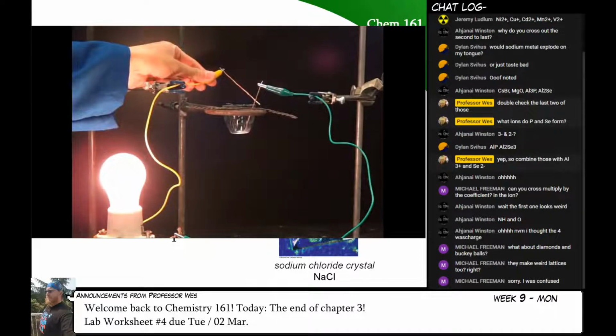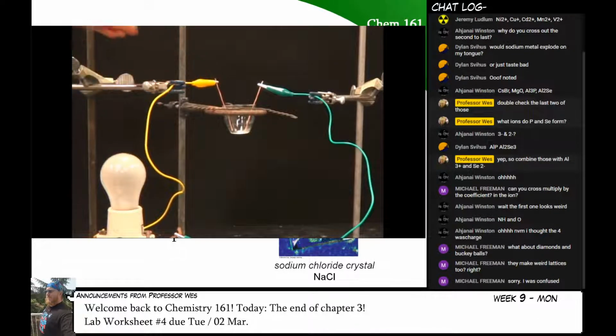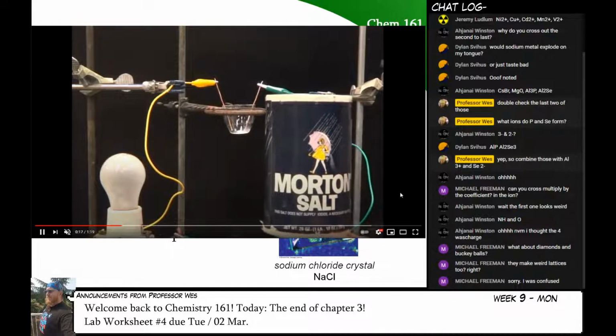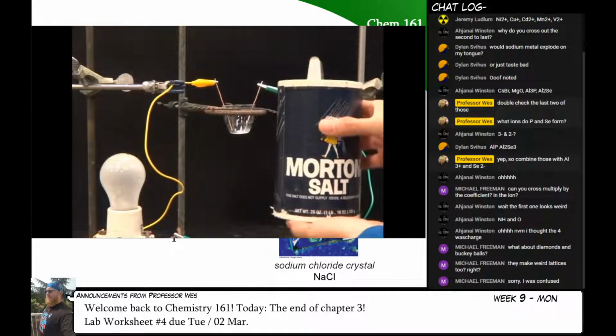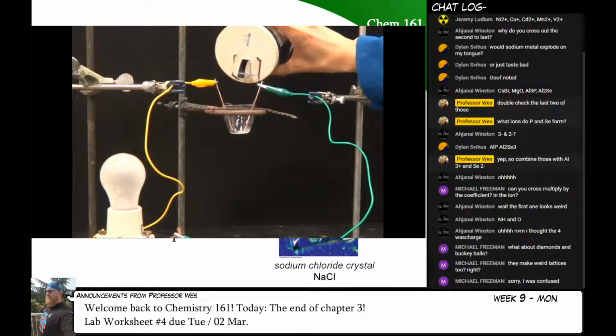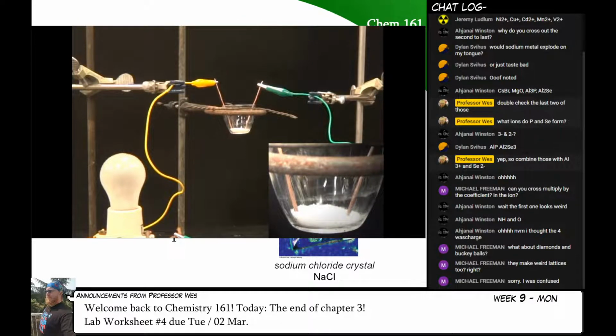So this test just shows you that when the leads are connected, the light bulb will go on. We're going to add table salt to that, and it's going to appear down here. Not the salt, but like a zoom in of the cup. You should be able to see it down there. And then we're going to heat it with a blowtorch.